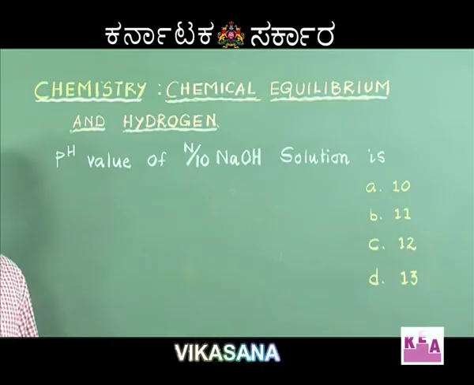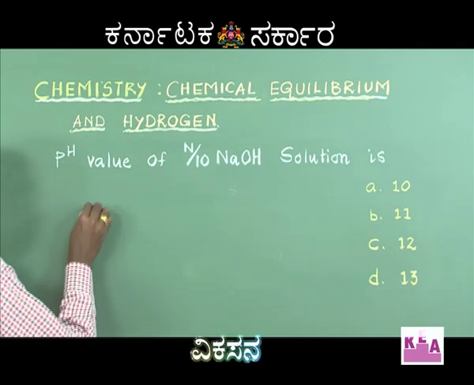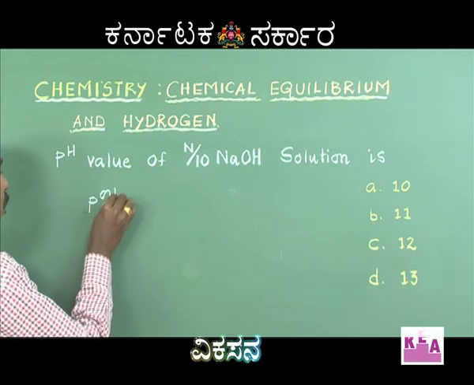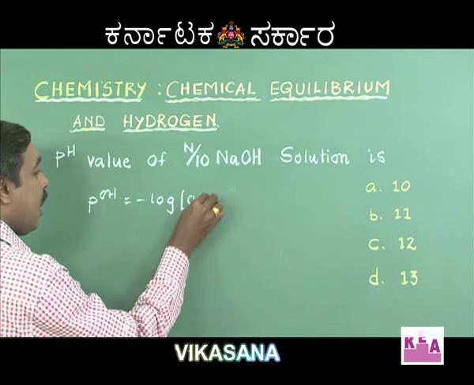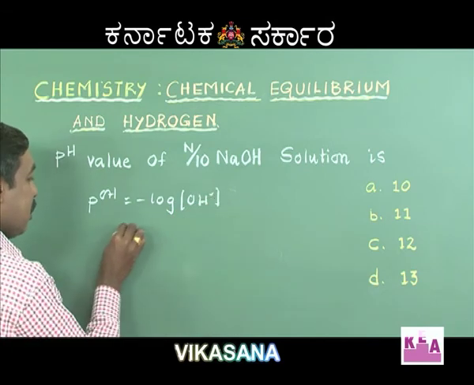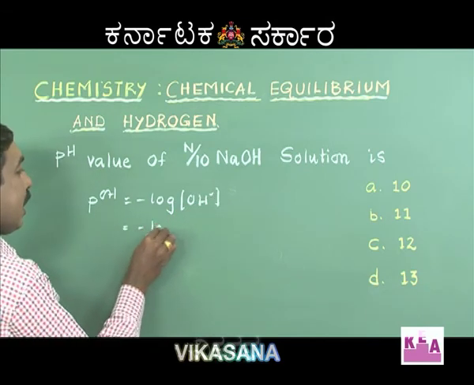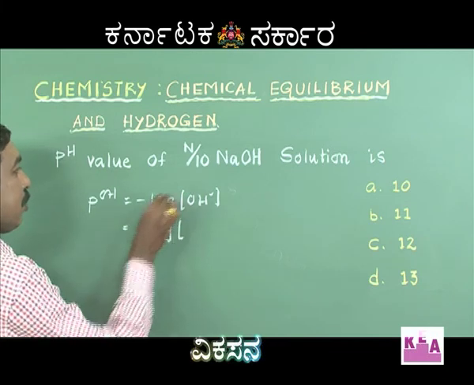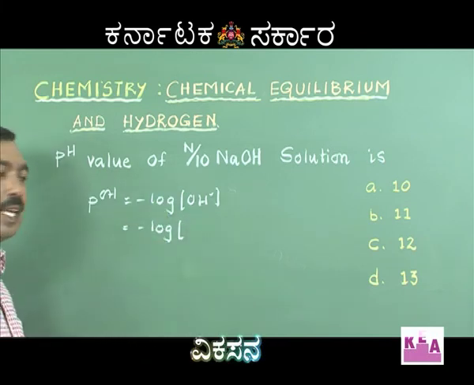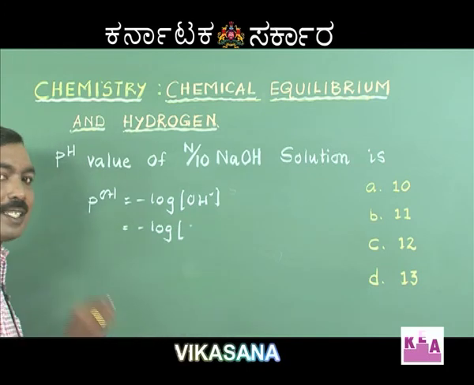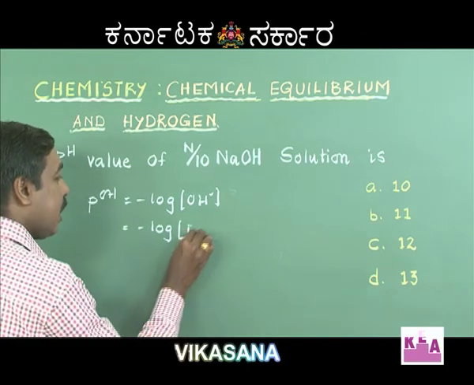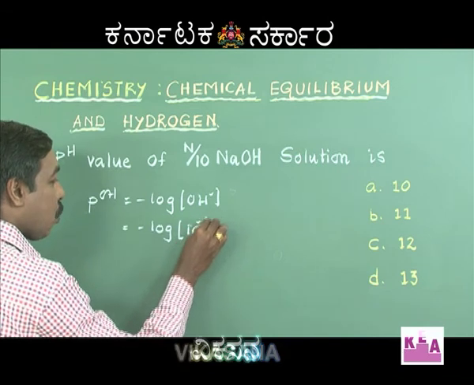Let us solve this. I am aware I am being given a decinormal NaOH solution. Therefore, I know that pOH is equal to negative logarithm of hydroxyl ion concentration, which is equal to negative logarithm of 0.1, because it is decinormal NaOH. 0.1 happens to be 10 power minus 1.